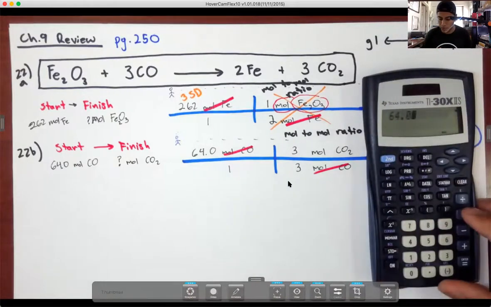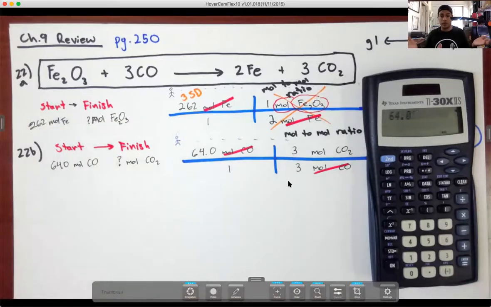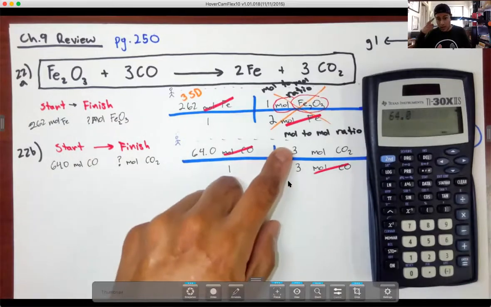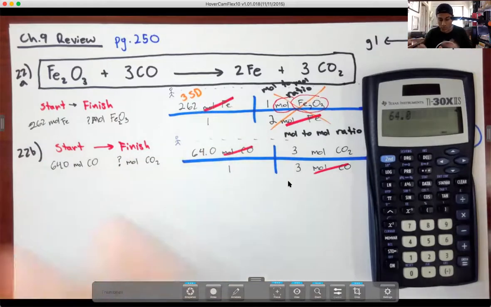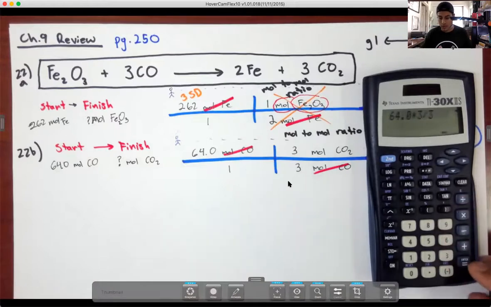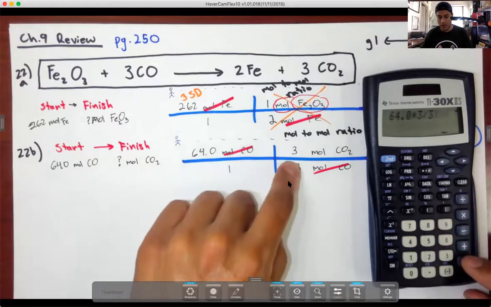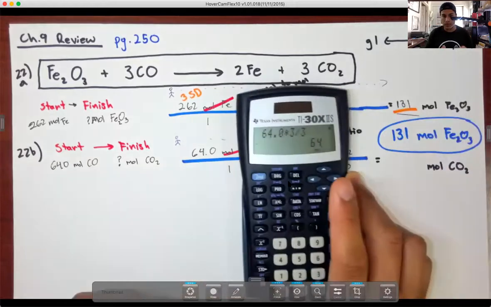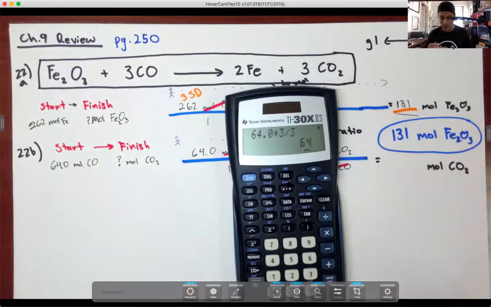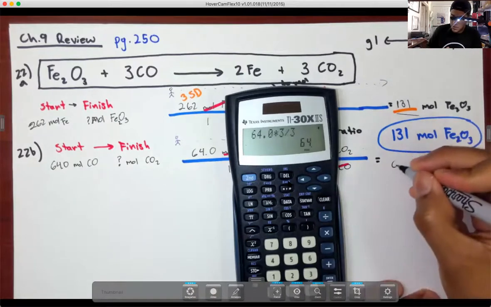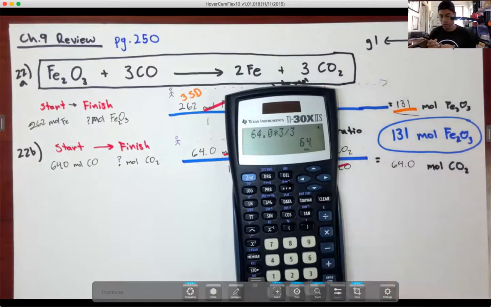We can tackle this a couple of different ways. We can realize that 3 over 3 is just 1 and then just finish with 64. Or we could do the whole thing, 64 times 3 divided by 3. We multiply the top, divide the bottom, and end up with just 64, exactly what we started with. So we end up with 64.0 moles of CO2.